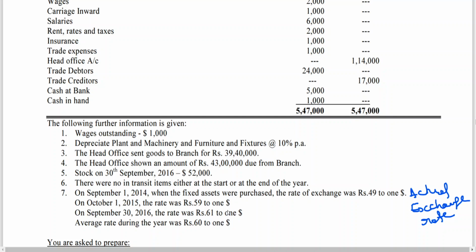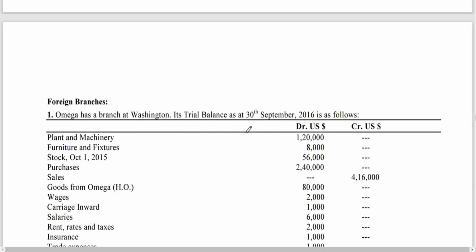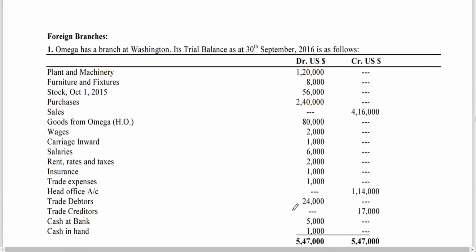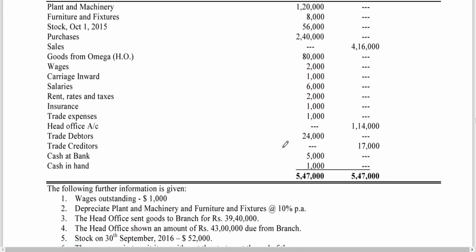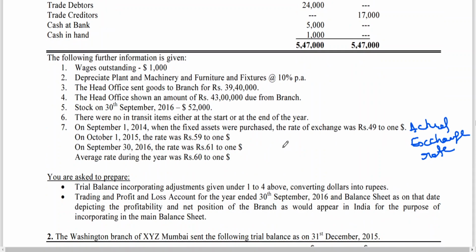I think they are closing their books on 30th September, because the trial balance is given for the year ending 30th September. So 1st October 2015 is the opening balance, the beginning of the financial year, the accounting year beginning. So this can be taken as the opening rate.